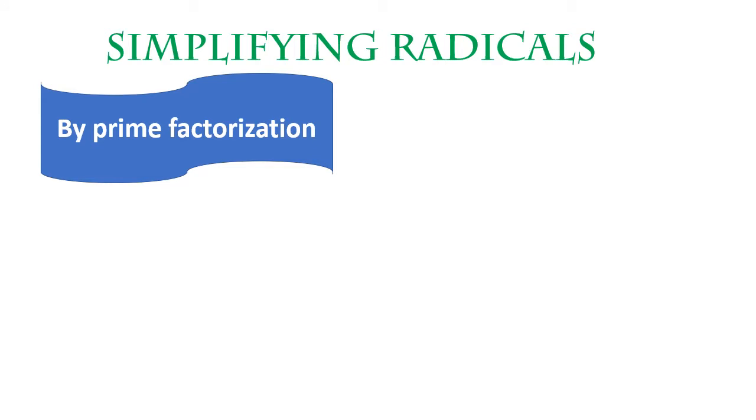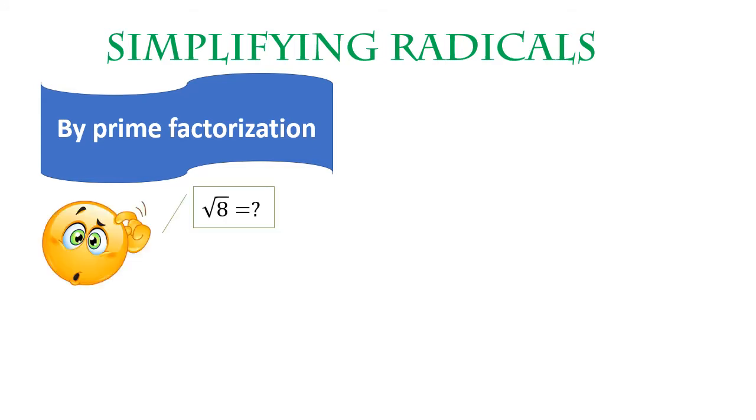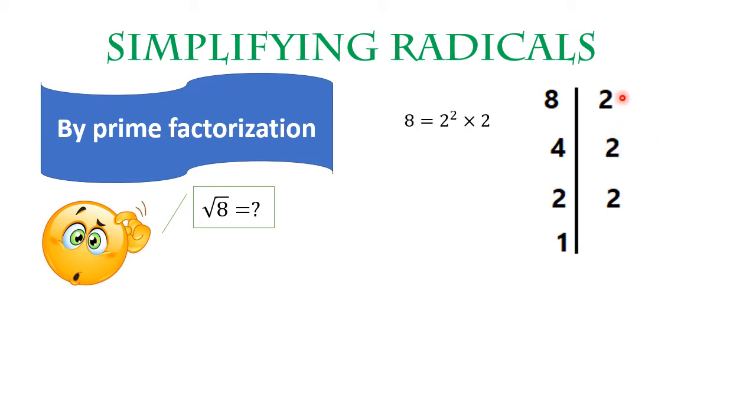Some numbers are not perfect squares. So how do I calculate, for example, radical 8? By prime factorization. I do the prime factorization of 8. I divide it by the smallest prime number until I have finished the prime factorization, and then I group each two prime numbers together if they are the same. So I group 2 squared, and for this other 2 I have no other 2 to group it with, so I keep it as it is.